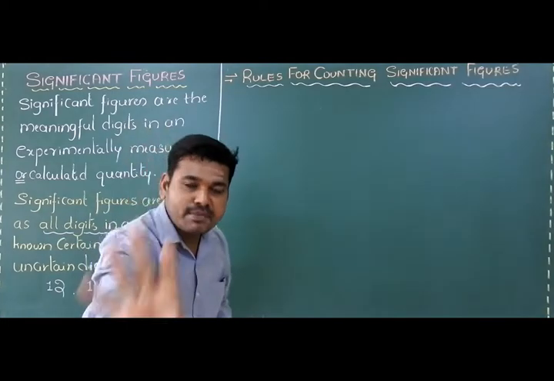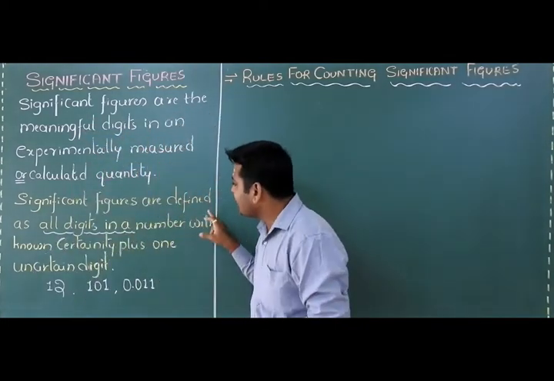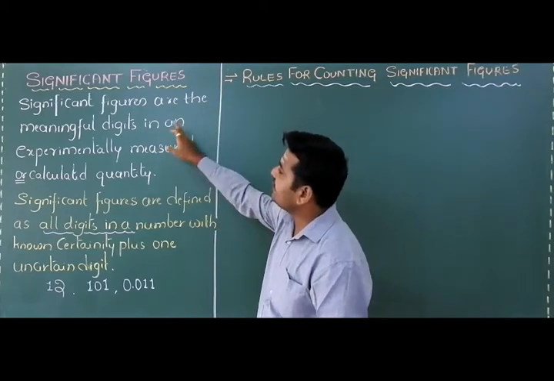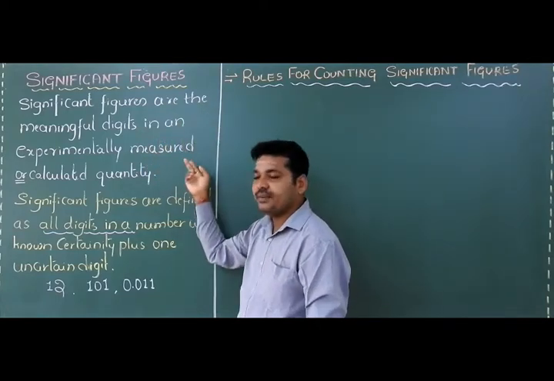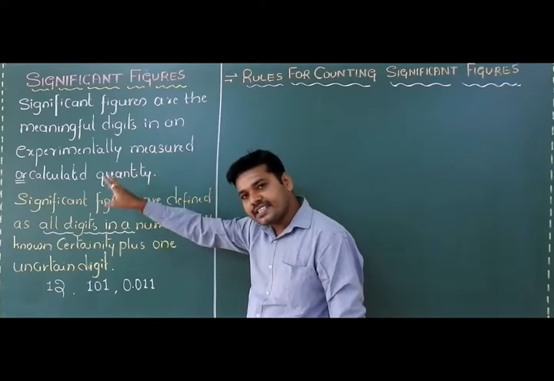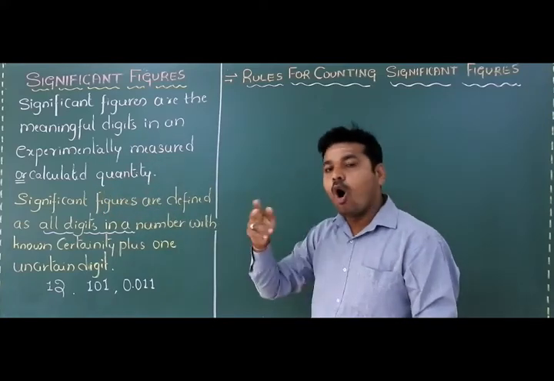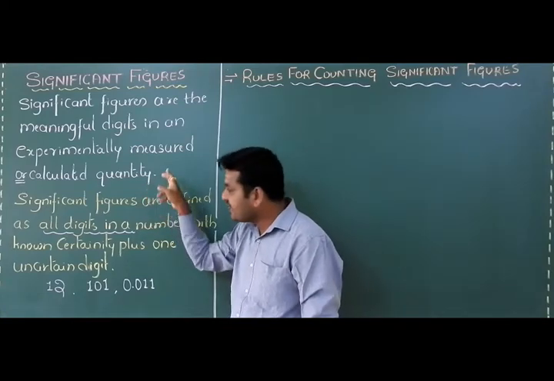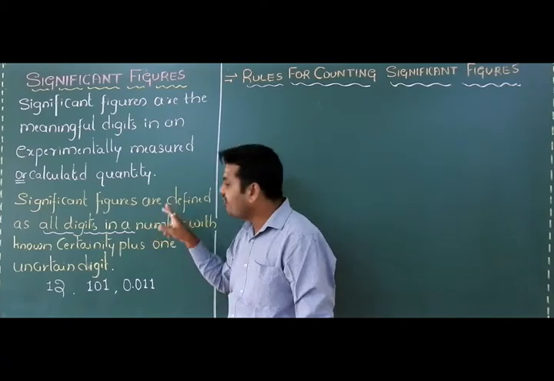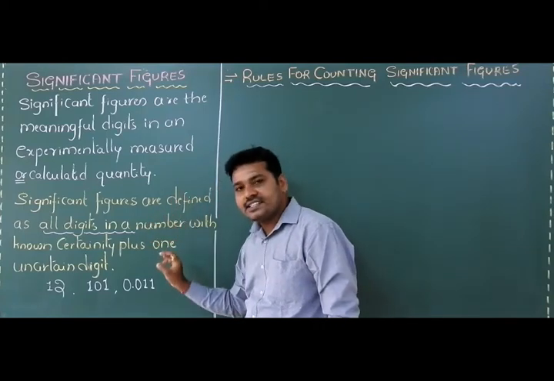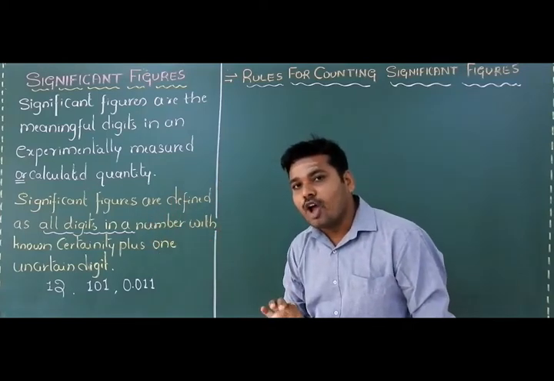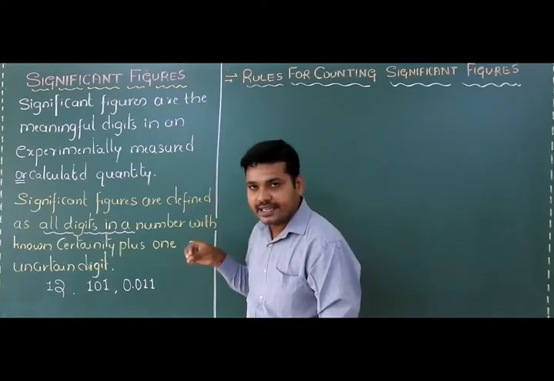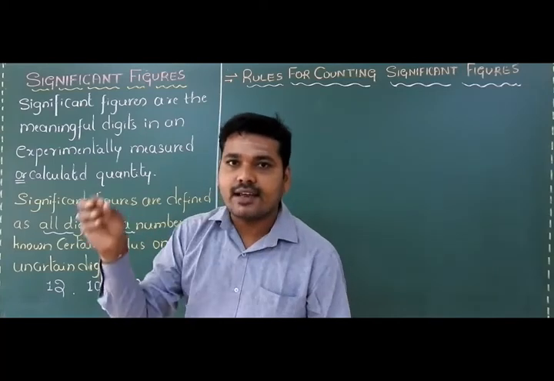And here you just remember the definition. The significant figures are the meaningful digits in an experimentally measured or experimentally calculated or experimentally determined quantity. And these significant figures are defined as all digits in a given number with known certainty plus one uncertain digit.